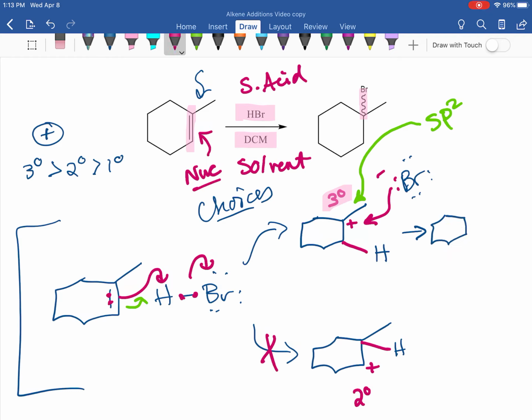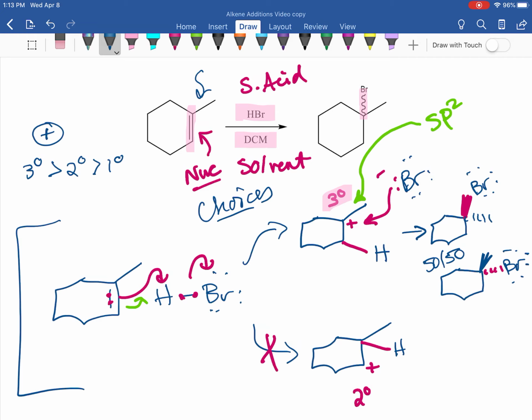So what does that mean in theory? That means we can have bromine come in on the top and that methyl ends up on the bottom. That is one answer. That is one part of our 50-50. Or we can have that bromine come in on the bottom. We will be making an equal mixture of both of these.